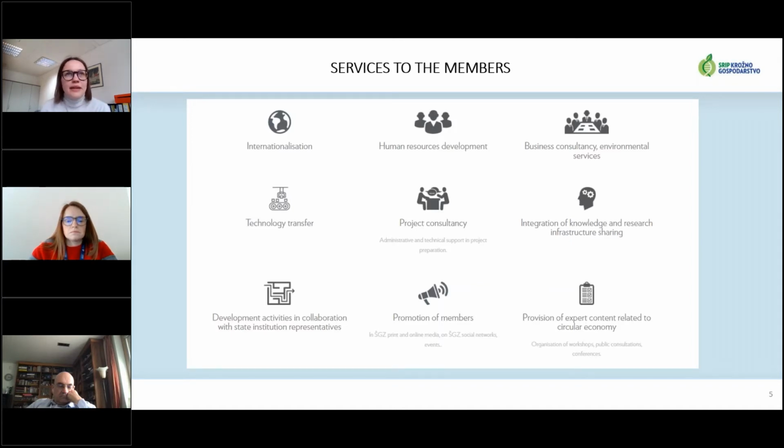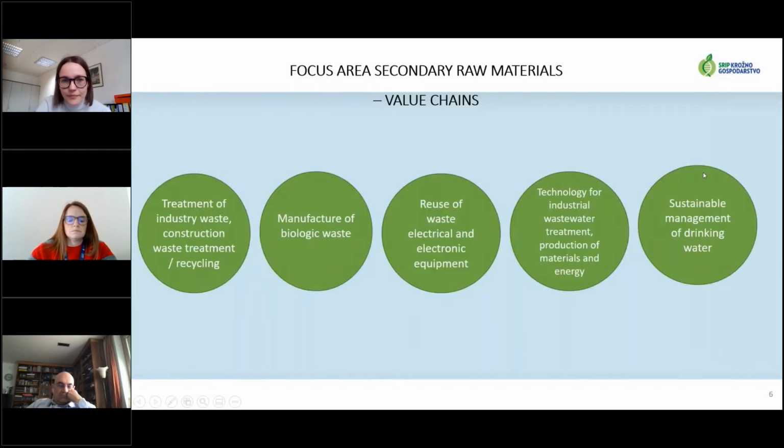Then we take care of promotion and marketing of the activities of the members and provision of know-how. In that manner, we present and function as development partners of the state, specifically for this field in the circular economy. So here today, we are proposing a use case in the recycling of plastics and textile, and this is connected with the focus area secondary raw materials.